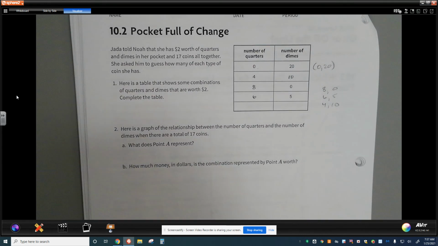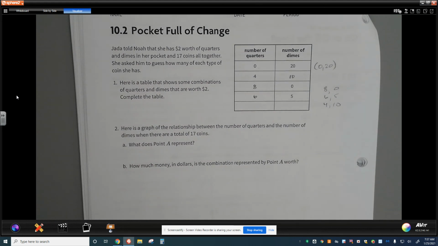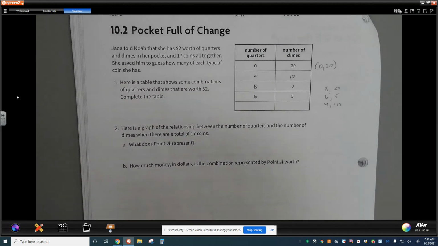And perhaps we can see that there's an order. For every 2 quarters I take away, I gain 5 dimes, which is that 50 cents. I don't think there's any other way to split that up any further because we can only go in increments of 10 cents.